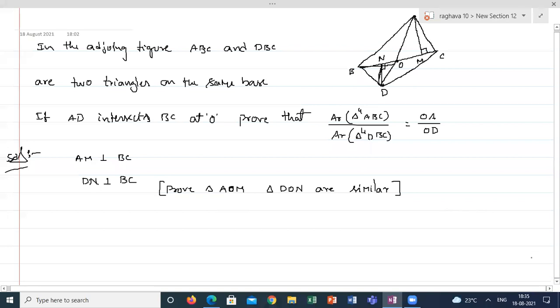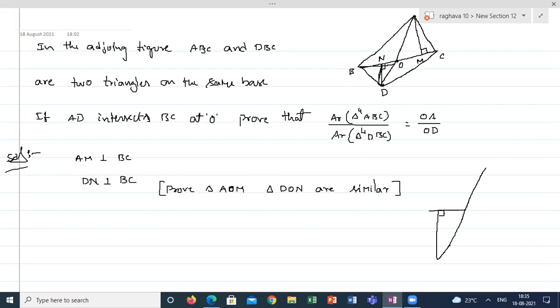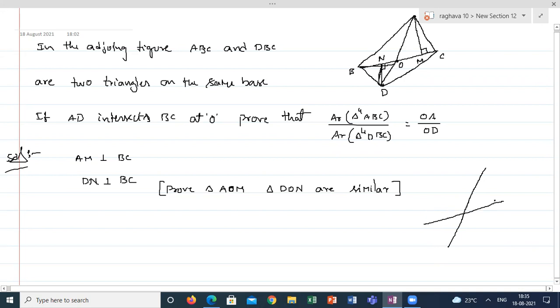Yeah. So, as I discussed, first we have to prove these two triangles are similar. This is a straight line, and this is a vertical I drew, DN, and this is another vertical I drew, AM.